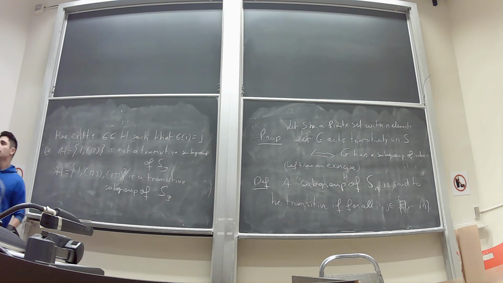Right? You can go from 1 to any other element, and that's it. Can you find an element in H that takes 1 to 3? Yeah. Can you find an element that takes 1 to 2? So you can find an element that takes 3 to 2, right? Okay.